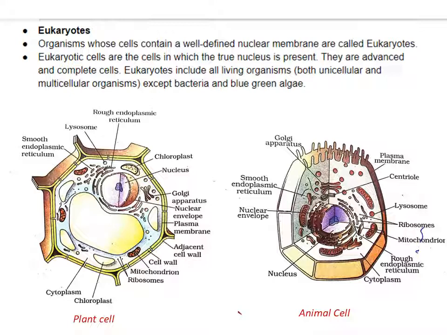All of the other organisms are eukaryotes. Even microorganisms like amoeba and paramecium are eukaryotes. You can see here the plant cell and the animal cell. They have not only a nuclear membrane bound nucleus, but also membrane-bound cell organelles. All these are absent in prokaryotic cells. So these plant and animal cells are eukaryotic cells.